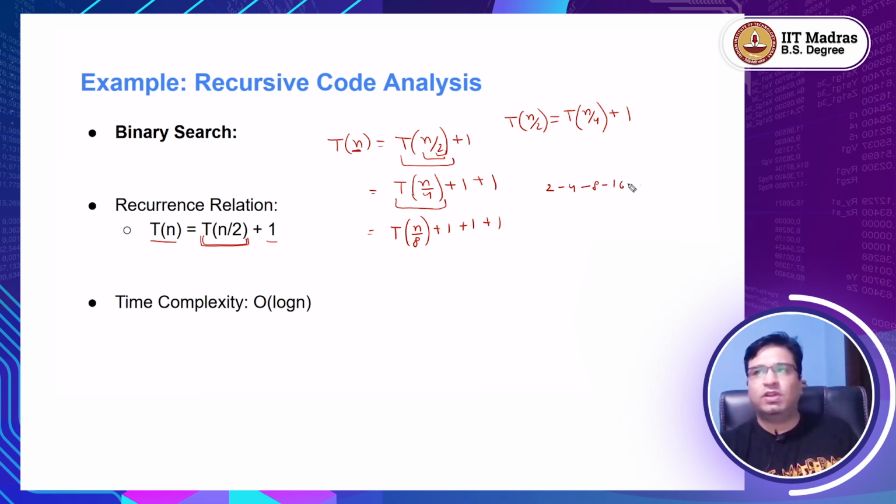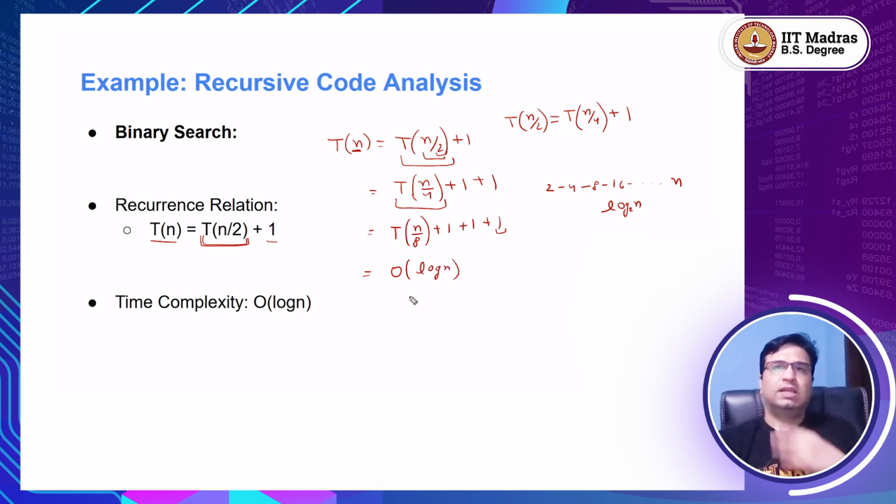In this way, you will reach n in log n steps. Each time we require constant time, one unit for the comparison. So in log n steps we require log n comparisons. So overall complexity will become order of log n for this operation. This is how we can calculate complexity from the recurrence relation.